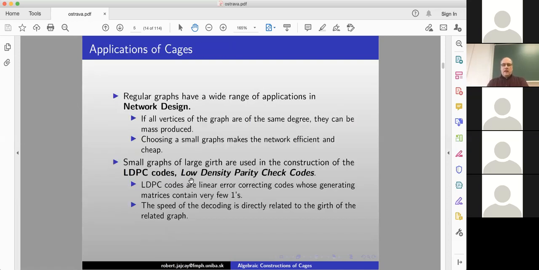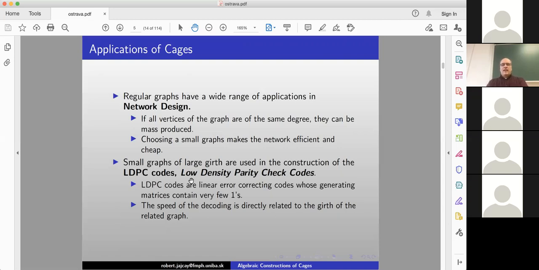The other class of applications is an application in coding theory. Small graphs of large girths are often used in constructions of the so-called low-density parity check codes, which are linear codes, error-correcting codes, and the fact that the girth is large speeds up the decoding.